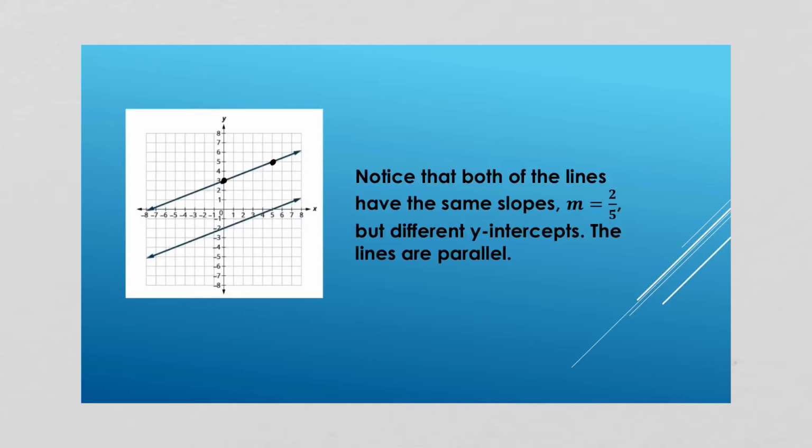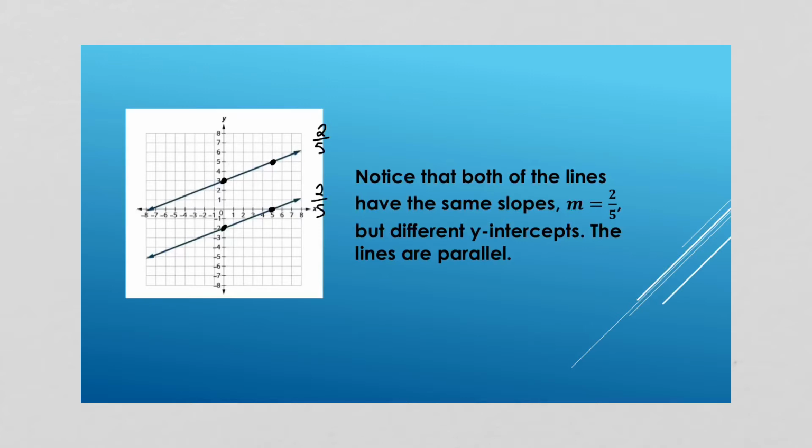So the top line has a slope of 2/5. Now check out the bottom line. If I put a dot right here, and this dot also lies on the line, I go up 1, 2, to the right 1, 2, 3, 4, 5. So that line also has a slope of 2/5.